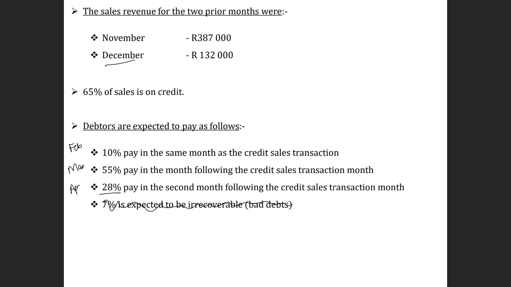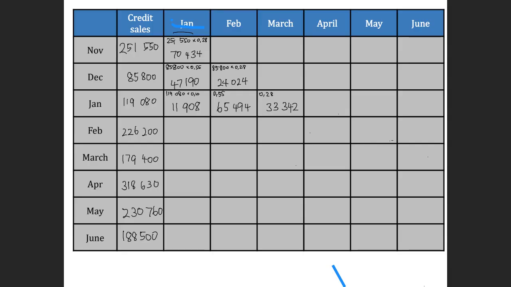So you're going to take the figure from the month of March, multiply it by, so it's the 226,200, this amount, multiplied by 10% to be received in Feb itself, 55% to be received in March, 28% to be received in April.